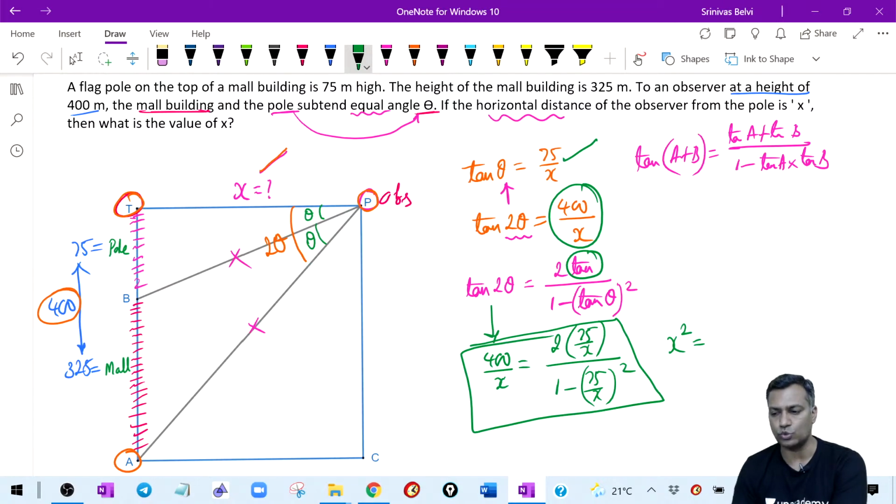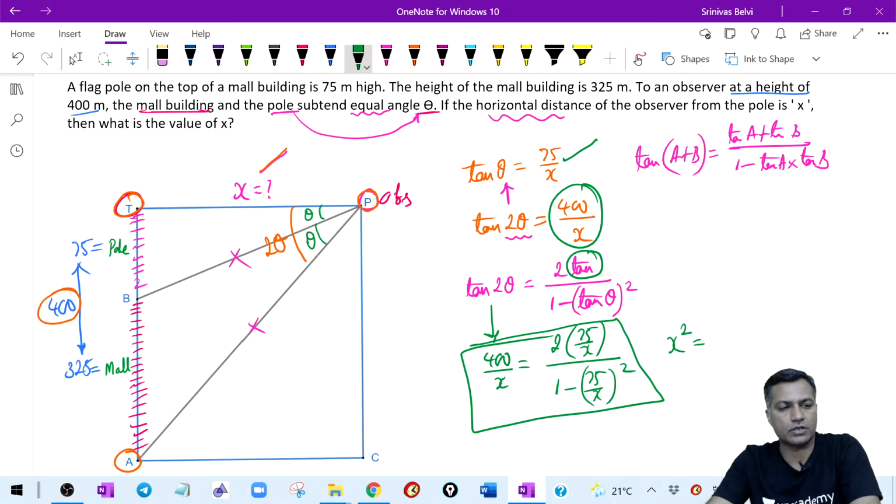X square will not have any roots. Quickly solve. Guys, quick.